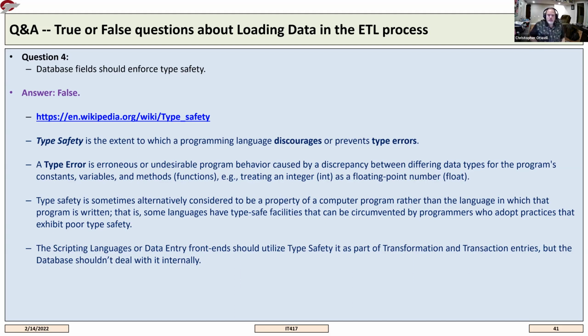So instead, you build good type safety up front, so that your data entries are correctly transformed and written into the database, such that they're always consistent and always good data once they're in the database. And that's why you use an ETL process to get that started, right? You want your front end validation to ensure that your data being put into the database is good, so that you don't have to worry about this.